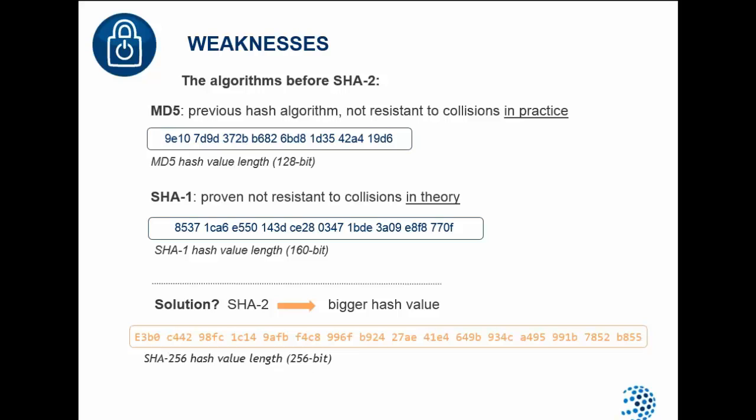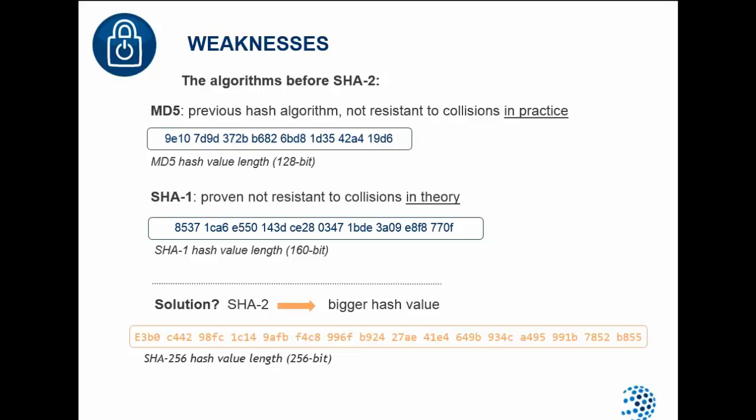In the past, there were times when that hashing algorithm was compromised, and that's when SHA-1 was invented. If you see on the screen here, SHA-1 actually uses a hash value length of 160-bit. So it's slightly more than MD5, which was 128-bit.